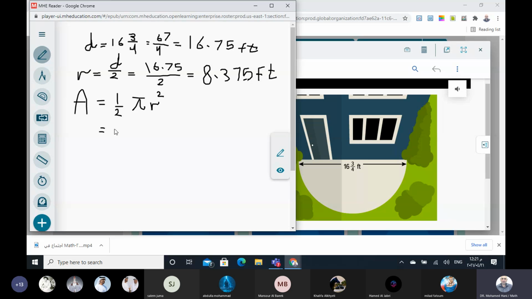This is the radius. Now how do we find the area? Start from the formula: the area of the semicircle equals 1 over 2 times pi times r squared.